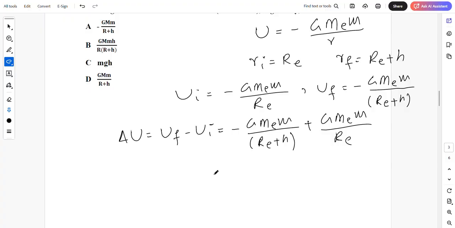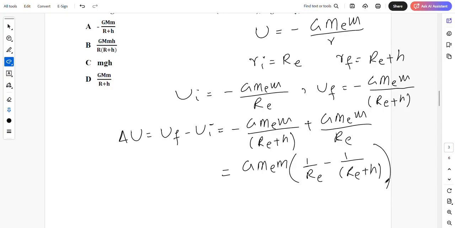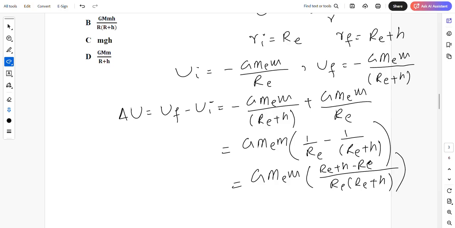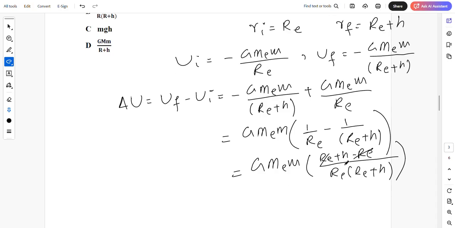Now, you take G Me m as common. I can write this as 1 by Re minus 1 by Re plus h. Now you take the LCM, that is G Me m by Re into Re plus h. I can write this as Re plus h minus Re. So plus Re minus Re gets cancelled.